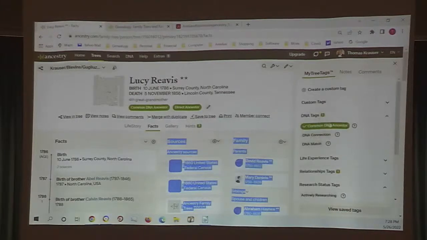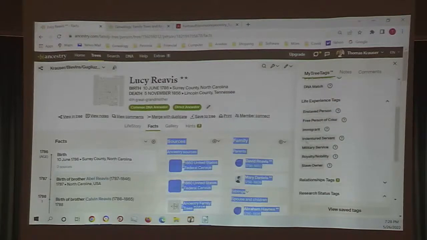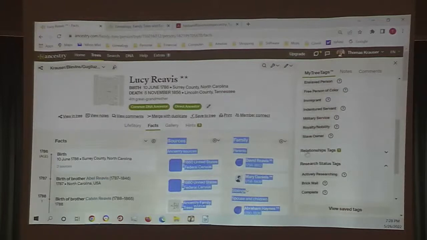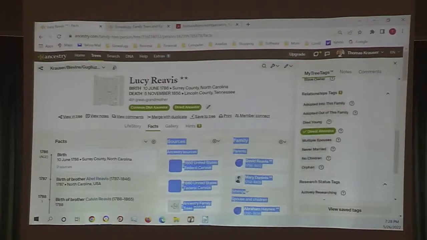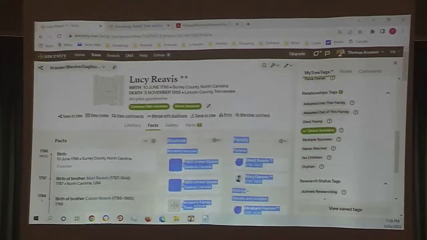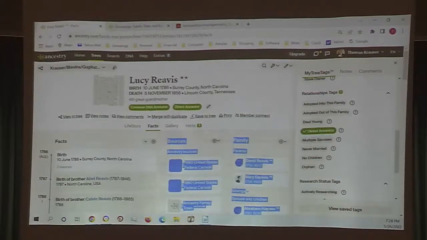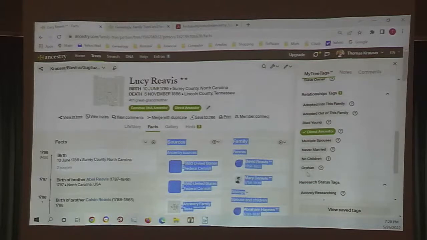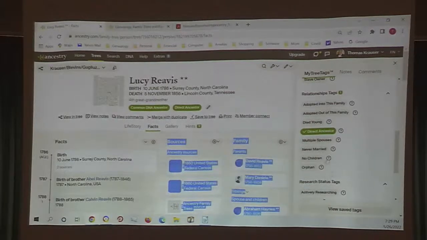And so there are those tags. There are life experience tags, enslaved person, free person, I've used very few of these tags. Relationship tags: there is adopted, into this family, out of this family, died young, direct ancestor, multiple spouses. There are all different custom tags that you can use.